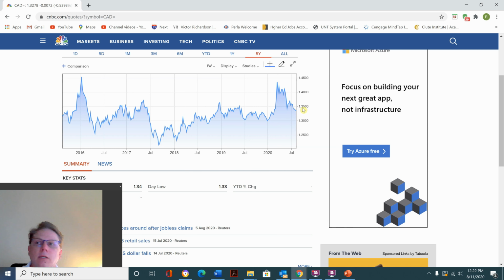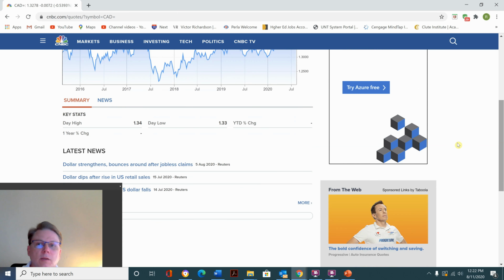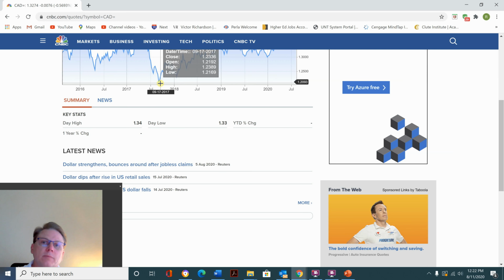Now, today, it's $1.34, $1.33. So right now, we're trading right around $1.34. So that's one US dollar buys $1.34 Canadian. So we've come down from that high, but it's still almost 8% more, thereabouts, from what it was back here.